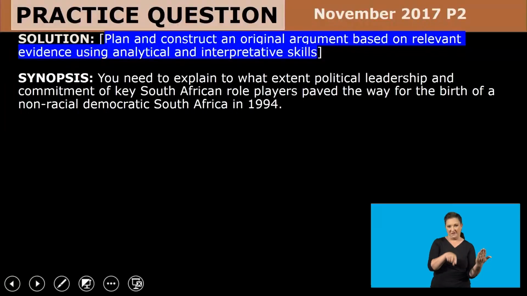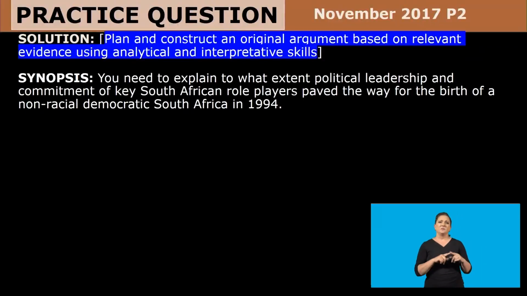Remember, when you're writing essays in history, you're arguing, you are not just retelling the story. So you have to show your line of argument and then support it with the relevant evidence there. So you have to plan and construct your original argument based on relevant evidence using your analytical and interpretative skills.